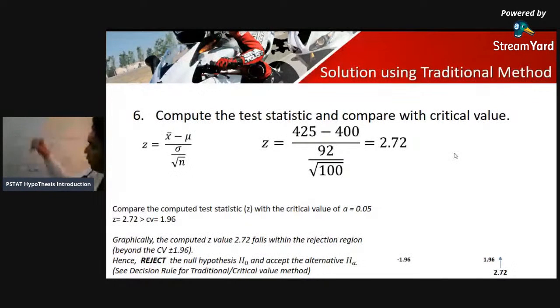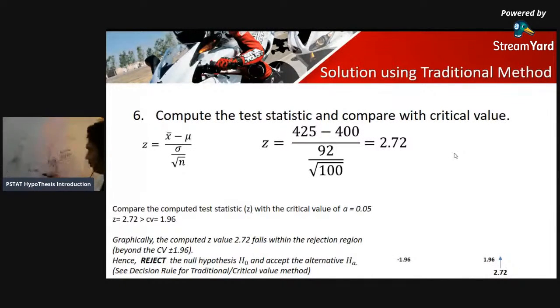Take note that this region is the rejection region. Your computed test statistic is 2.72. This is the z value, which is located here. Basically, it falls under the rejection region.